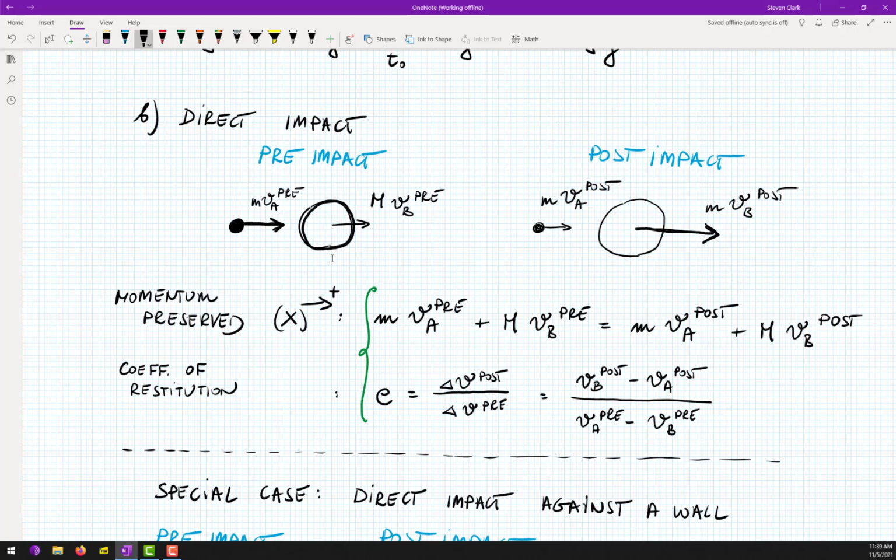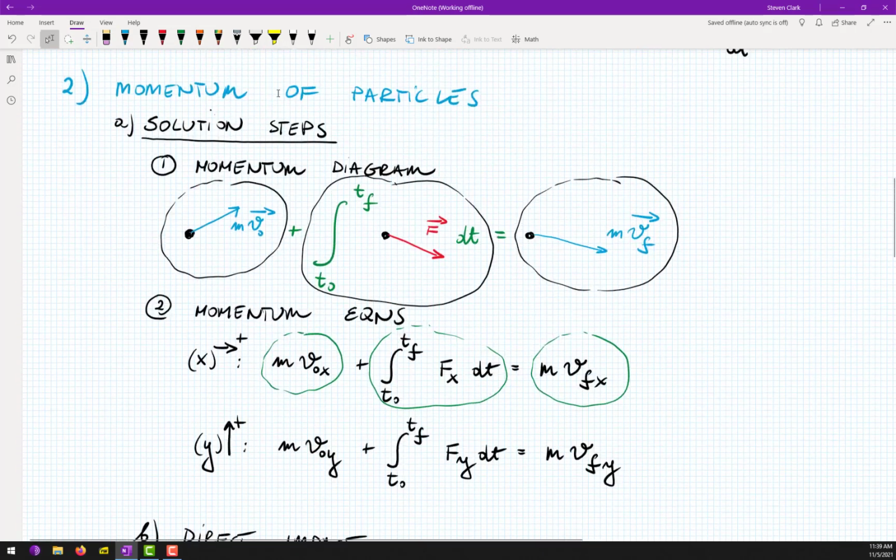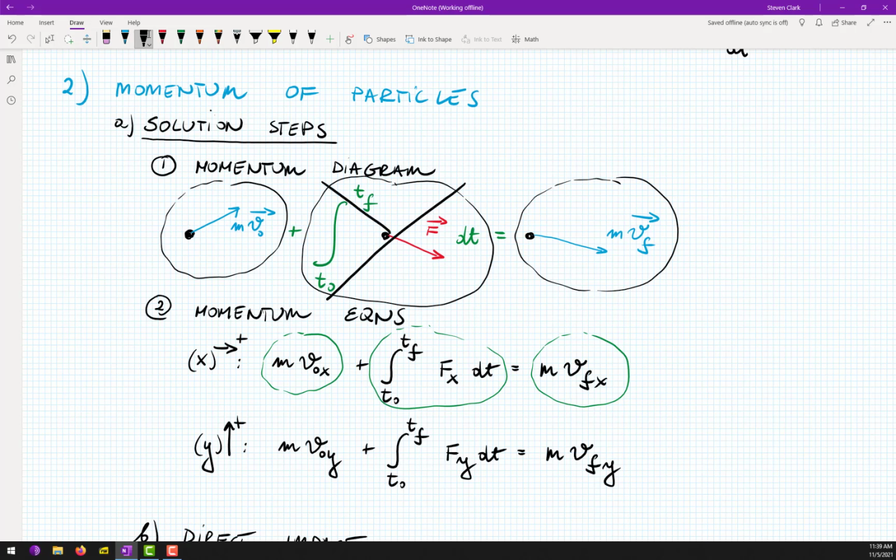So in that case, during direct impacts, momentum is always preserved. If I scroll up the board, just this is zero, this is zero during impact, and also this is zero.